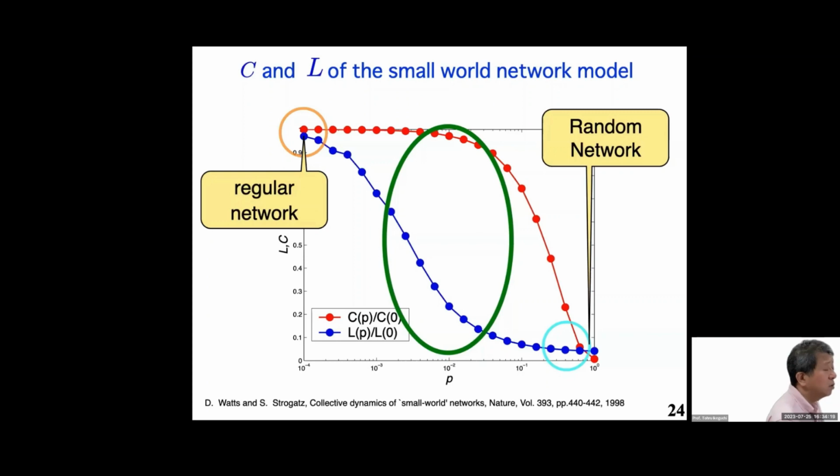So this is the so-called small world network model proposed by Watts and Strogatz in 1998, which is the starting point of the complex network theory. Actually, this model can explain small world phenomena observed in real world networks.